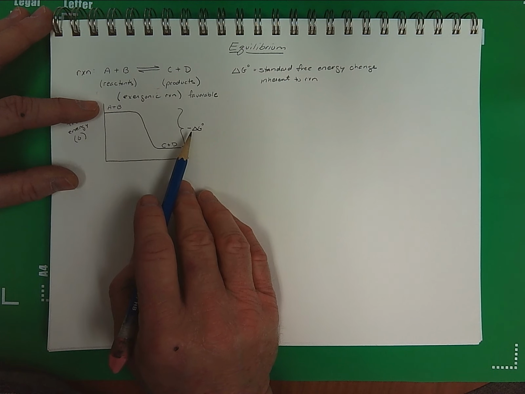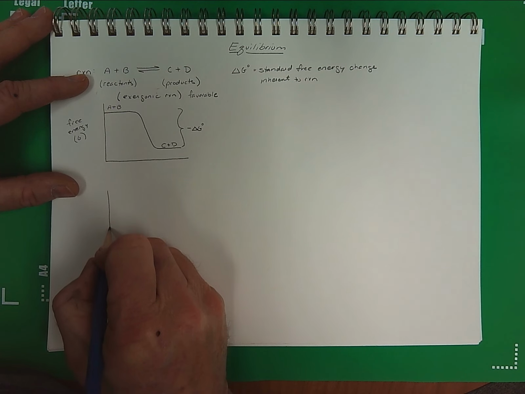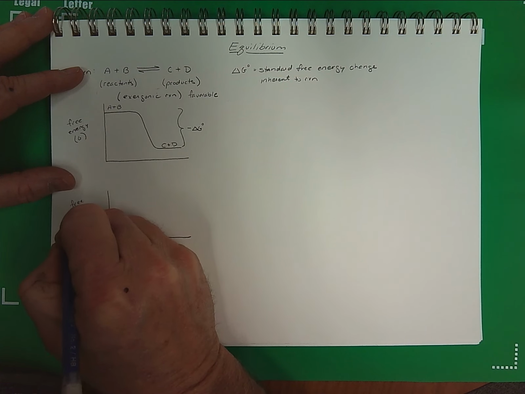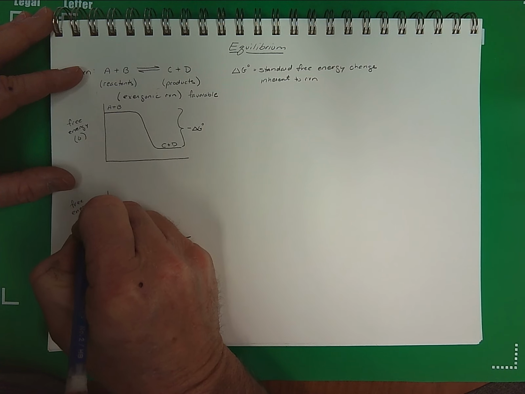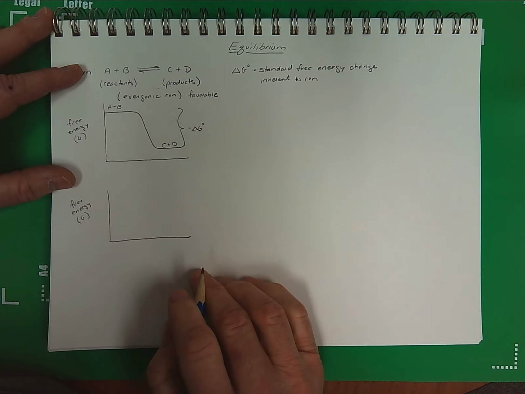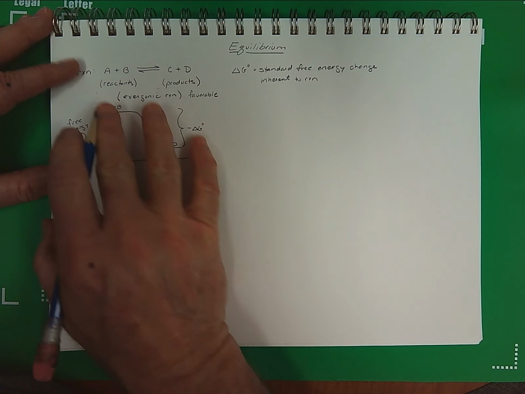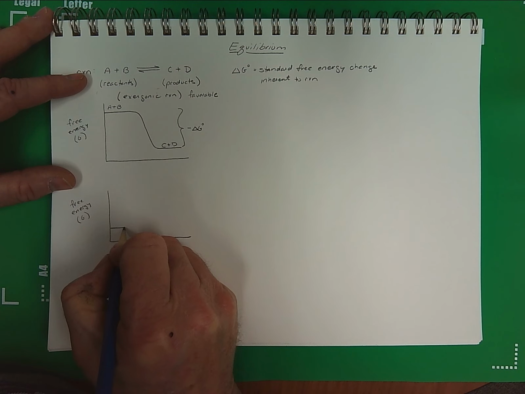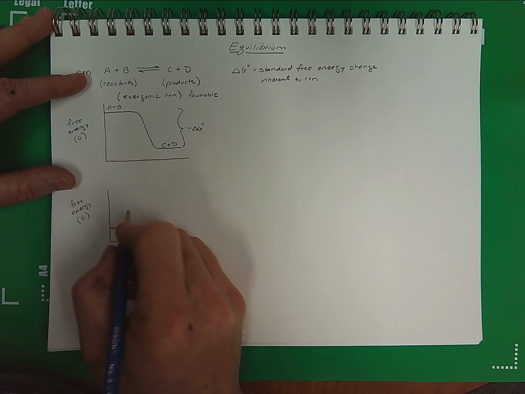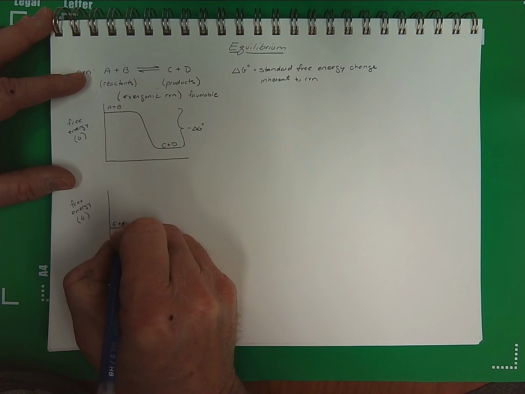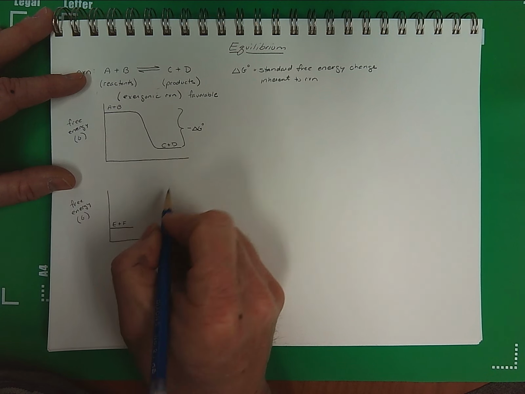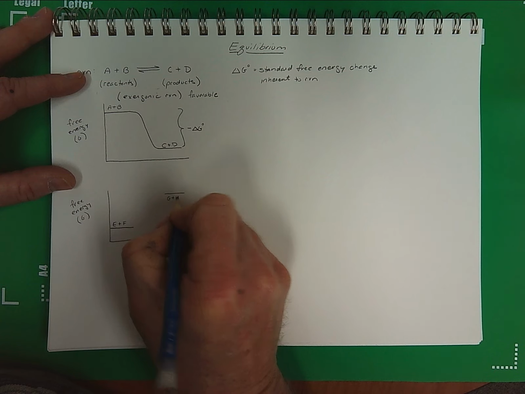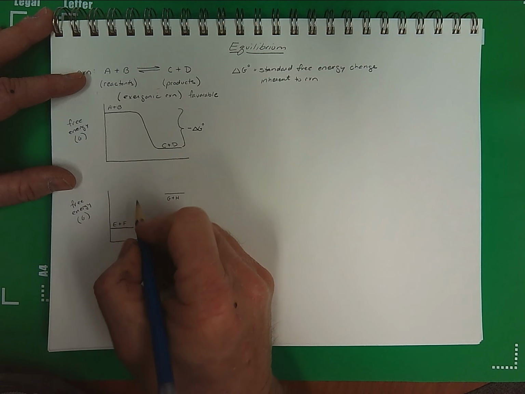Now let's look at the reverse of this reaction, where we are going to look at free energy change differently. Let's say we have a similar type of reaction setup where we have reactants that have a lower free energy, so let's say E plus F. Let's say that our products are G plus H, and these have a higher free energy.